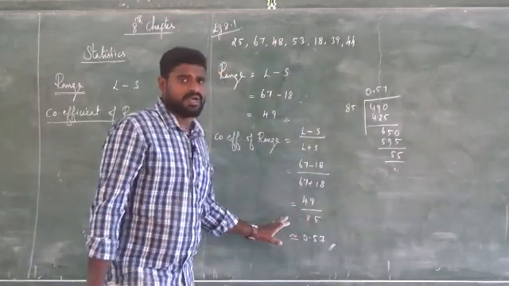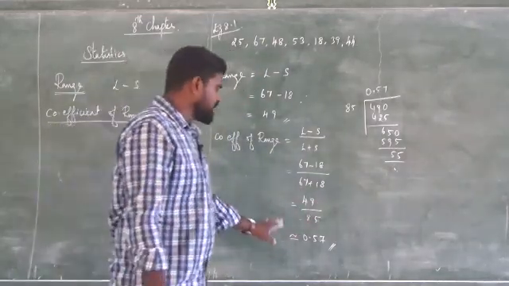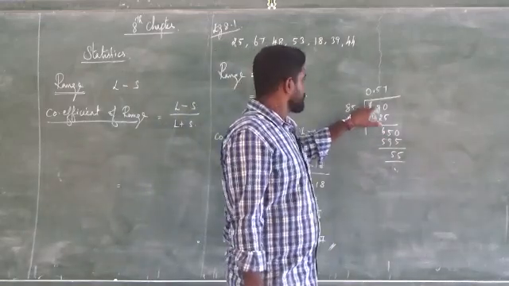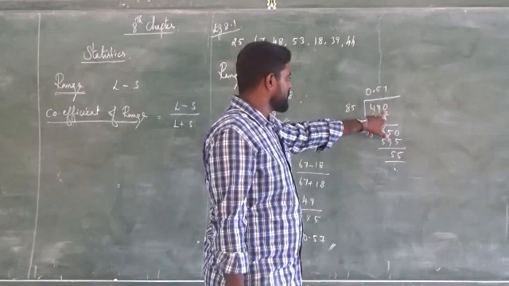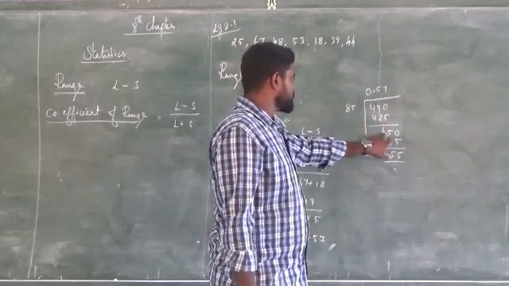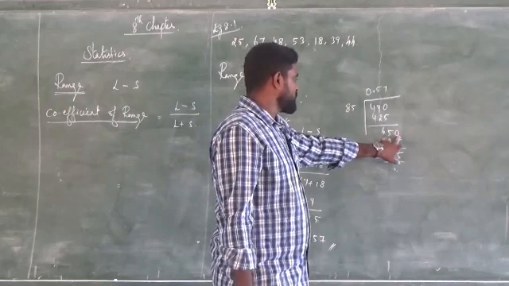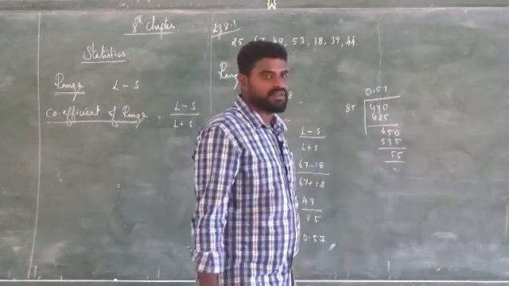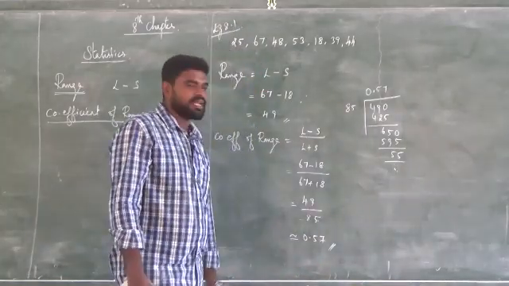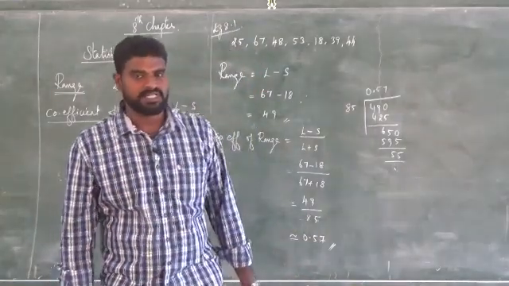We should not write the value as a fraction, we must write it in decimal. If you divide this, we can't divide 49, so 0 point and add a 0, 490, 5 times is 425, remaining 65. If you add a 0, 7 times is 595, and it goes on. We need only 2 digits, so approximately it is 0.57.